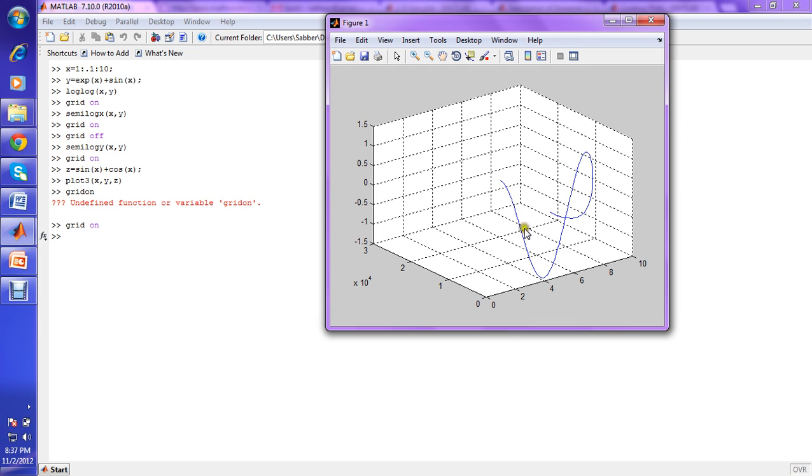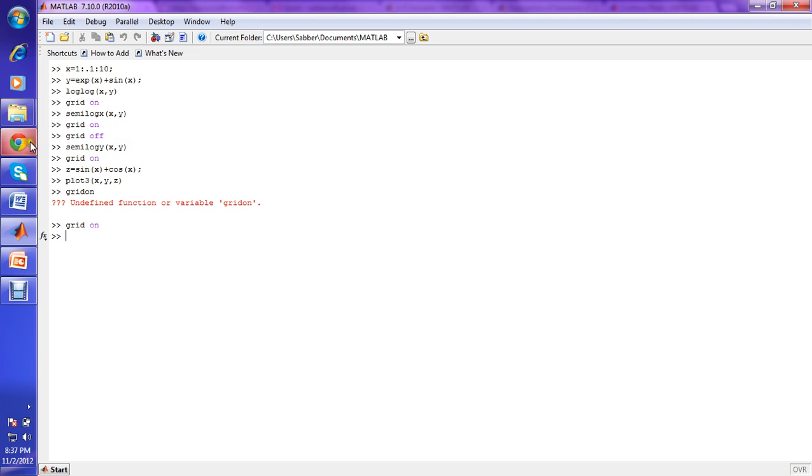This shows how the data of three functions x, y, and z varies with the spatial domain. This is x, y, and this is z. So this is plot3, nothing else. It is how we can plot a line in 3D formation.